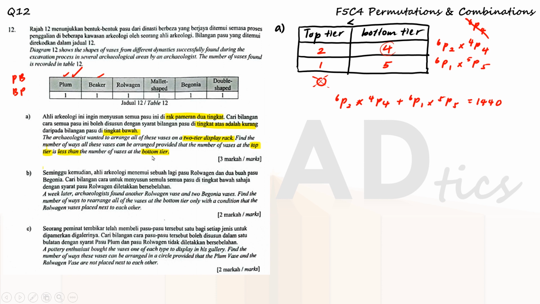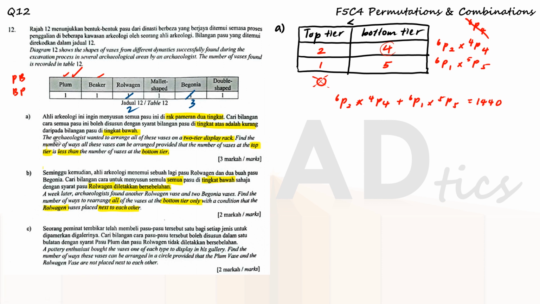And for part B, this archaeologist has found another Volkswagen vase and 2 Begonia cakes. So let me change the values. Here will be 2 and here will be 3. Now we need to find the number of ways to arrange all the faces at the bottom tier only. So now there's only 1 tier, with the condition that these 2 Volkswagen vases must be placed next to each other.